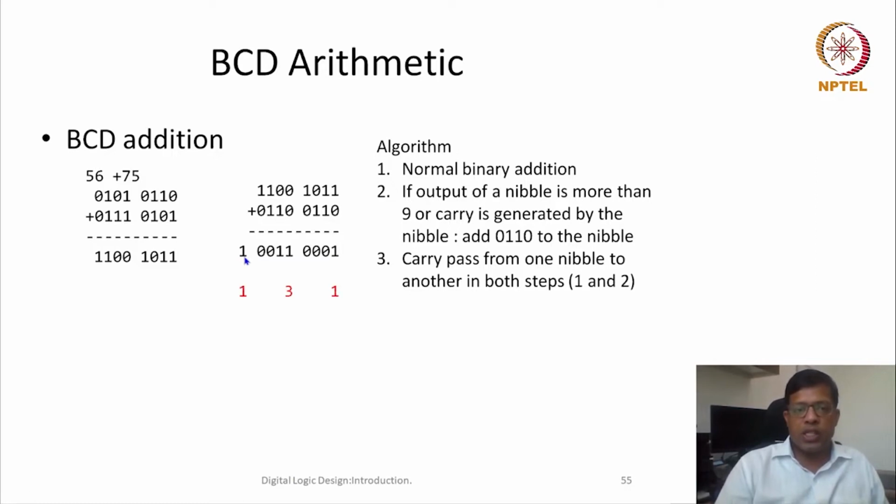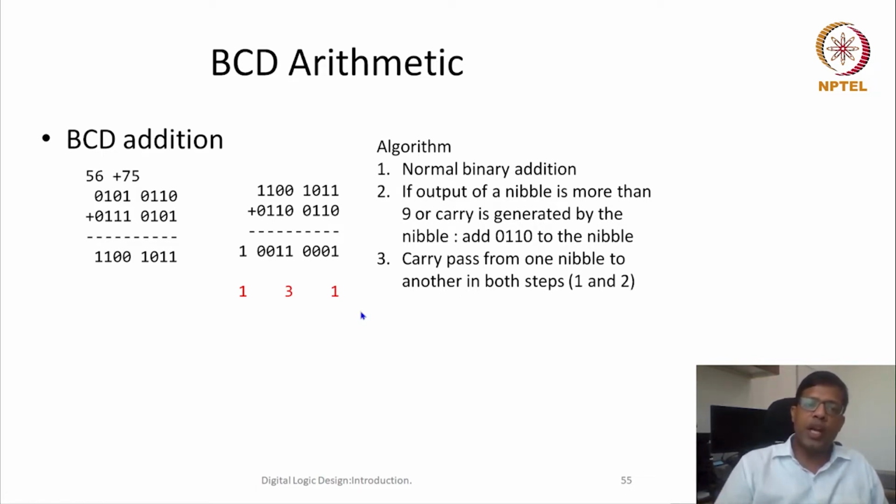So this gives us the correct result. This is another 4-bit BCD number that would represent 1, and this is 3, this is 1. So after this correction of adding 6, we will receive the correct addition result.